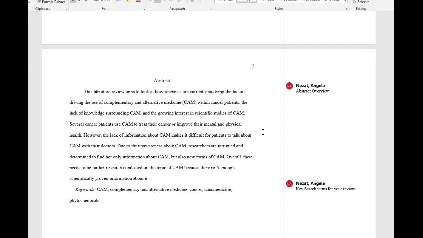It is a summary of your paper. You can't write an abstract until you've written your paper, because it is essentially a summary of what you have written, not what you're going to write, but what you actually have written. So we are going to hold off on the abstract discussion until the next video.